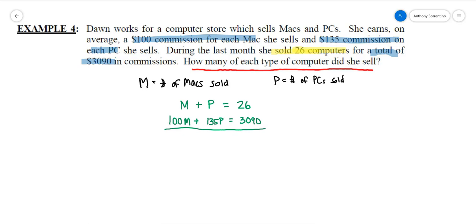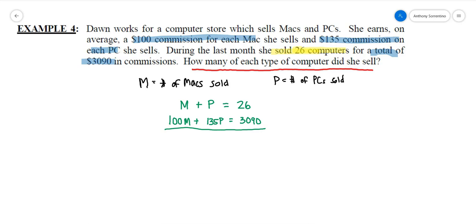So now, how do I go about solving this? Now, you could have solved it any number of ways. It doesn't matter which way you chose to do it. You could choose to have done elimination. I'm going to choose to do substitution. The top equation would probably be the easiest to solve for one of the two variables, so that's the one I'm going to solve.